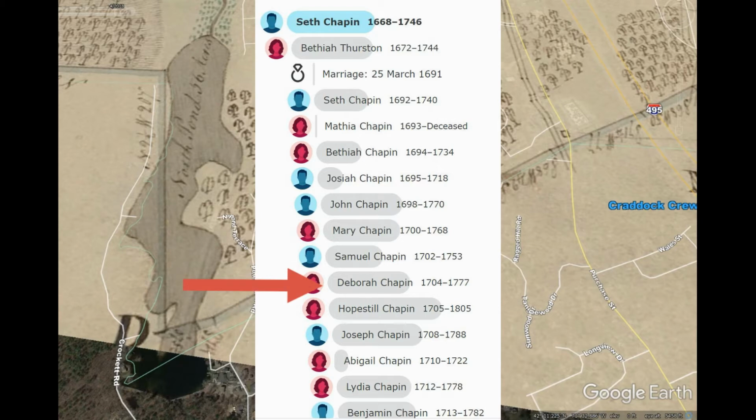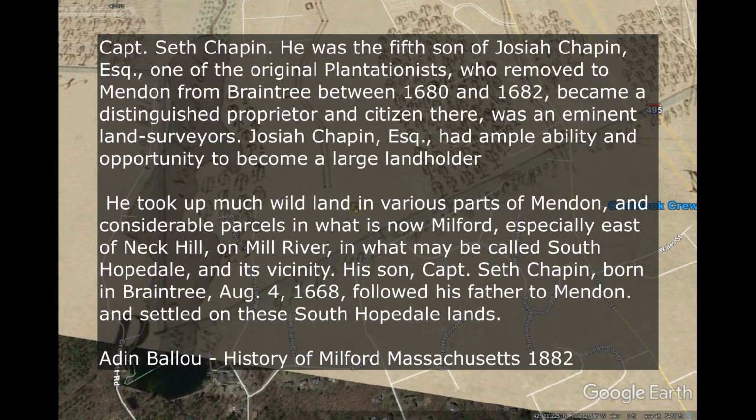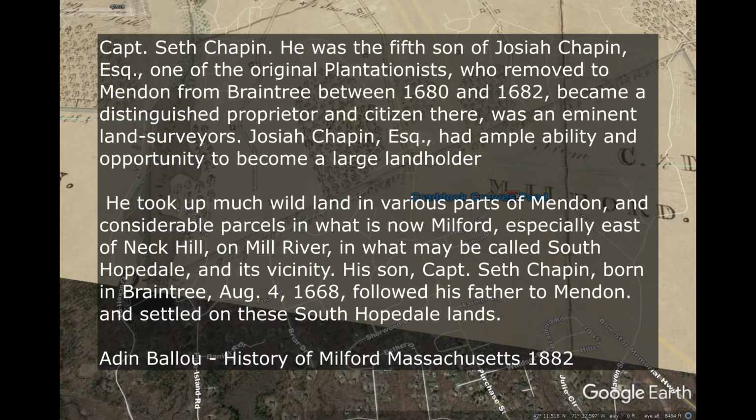And Seth Chapin, her father, was the original person to lay out and survey this area and was one of the original landowners and selectmen in the town of Mendon, which was the precursor to Milford. The town of Mendon split Milford off years later. And this is Milford, Mass now, but at one time this was the border of Mendon's North Purchase.